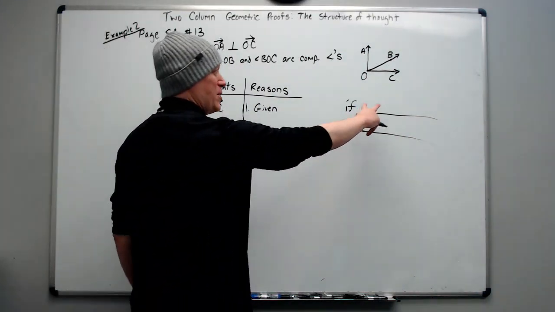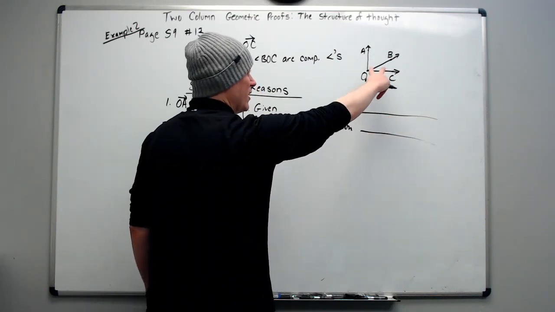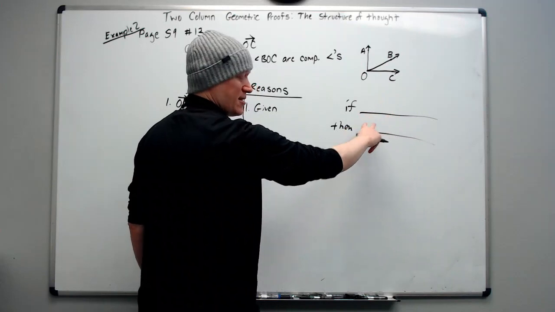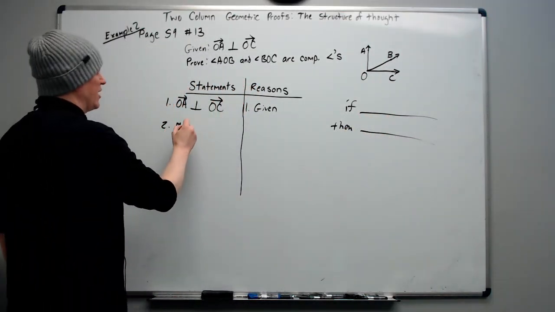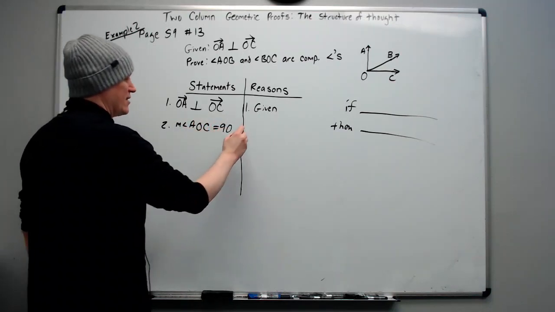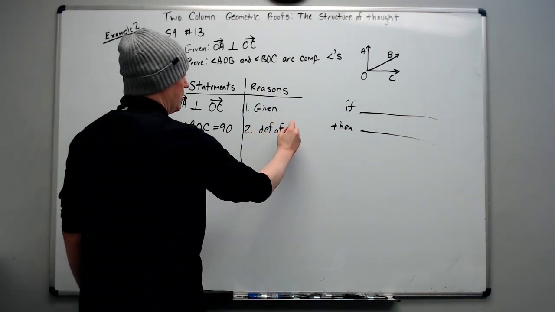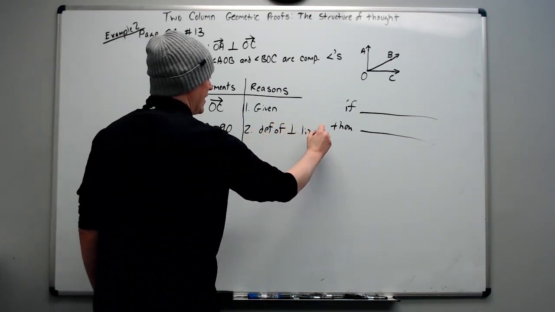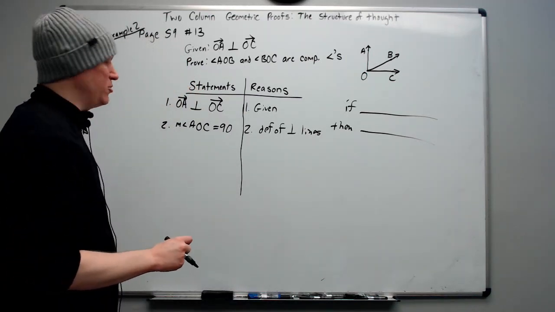It will either be if a previous step, then the next step that you're on, or if this picture, then something else based on the picture. So we can say that the measure of angle AOC is equal to 90 degrees. And this would be the definition of perpendicular lines. In particular, it's the first version, the A version of the one I showed you a minute ago.